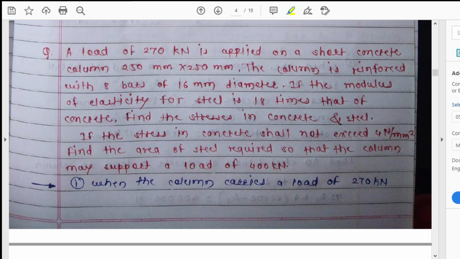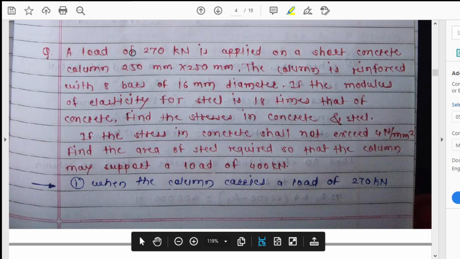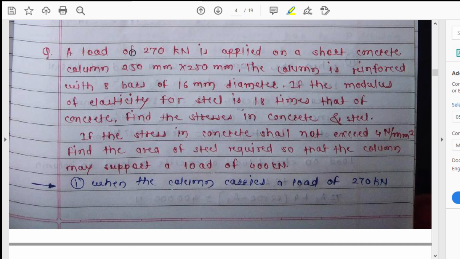Now here what they have given: a load of 270 kilonewtons is applied on a short column. The column dimensions are 250 by 250. The column is reinforced with 8 bars of 16 mm diameter steel bars.